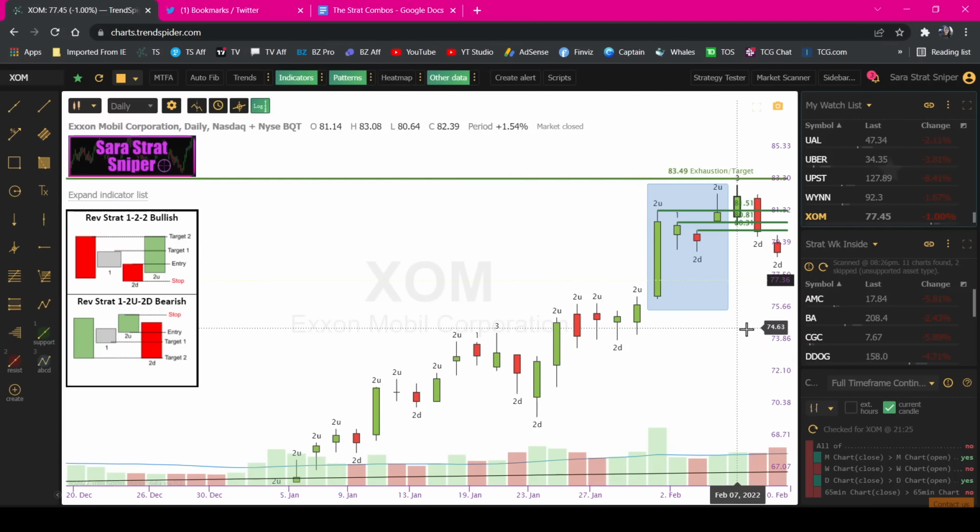Okay. Basically all strat setups are best used at the same point in time. And what I mean by that is either with full time frame continuity, meaning the month, the week, the day, everything is green, or when you've hit exhaustion and it's time to look for a reversal.